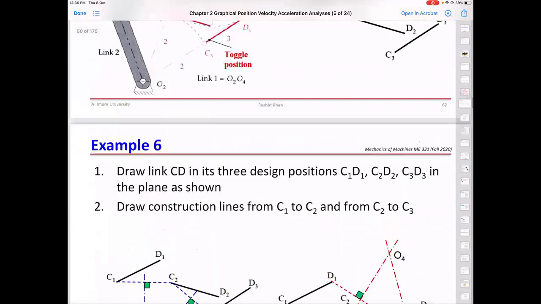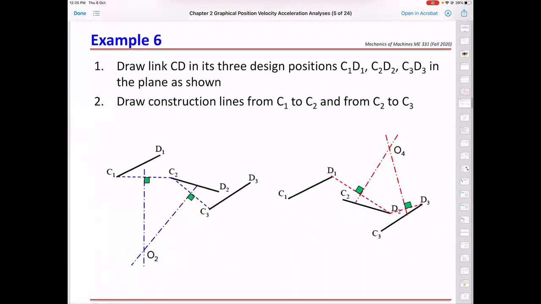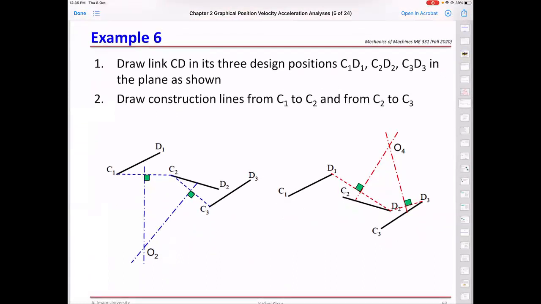These are the steps which we are going to follow. The first step says: draw link CD in its three design positions, C1 D1, C2 D2, C3 D3, in the plane as shown. Design positions means that from your problem statement, this link needs to move from this location to this location.